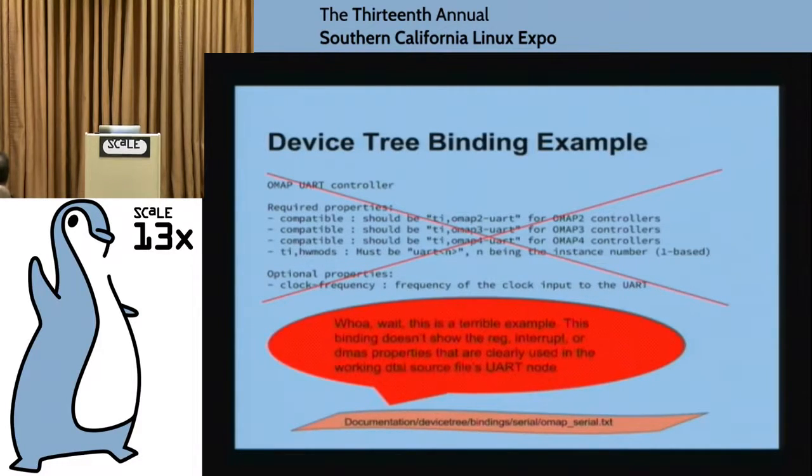It doesn't actually have all the properties that it needs. This is a pretty old one, and I think it's just bit rotted and nobody has brought it up to speed. So that's why I'm saying this is a bad example. It's missing the DMA properties that are actually used in the DTS file. So it's wrong. I'll fix it for you.